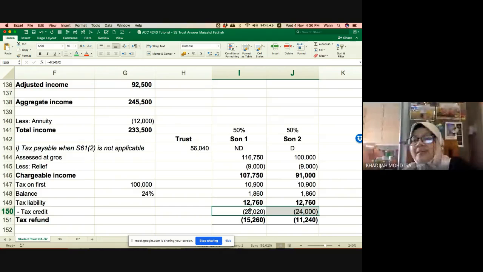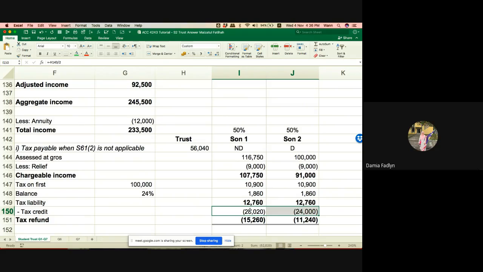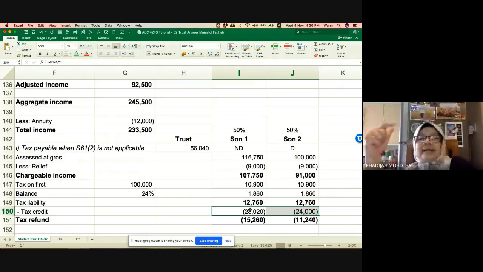Who benefits? The government. That's why they like it when you pay tax at the trust level. Because that's how it works, if you have paid more, then you cannot claim back from the government.